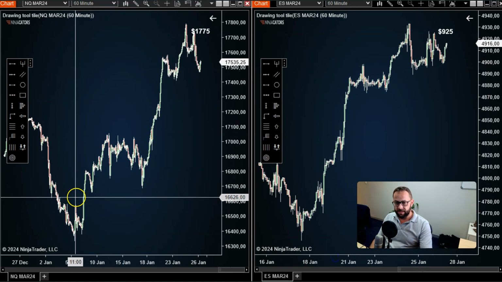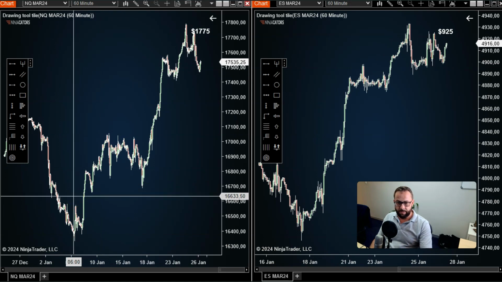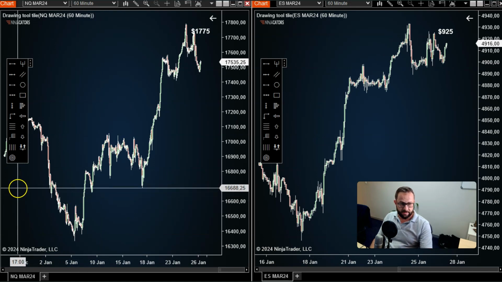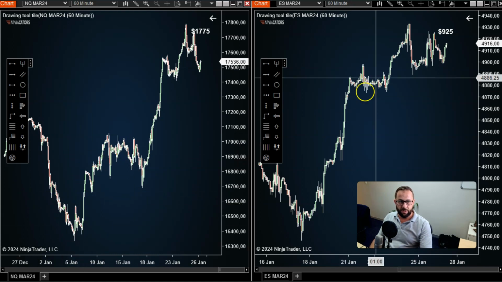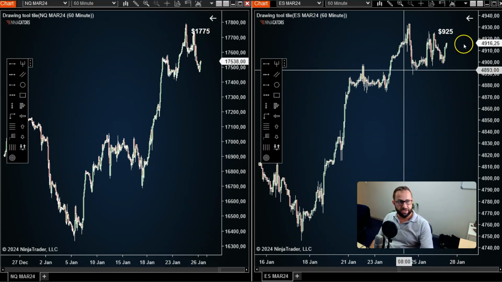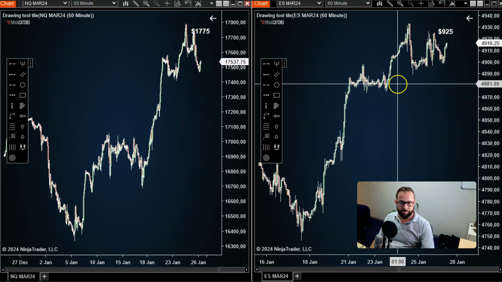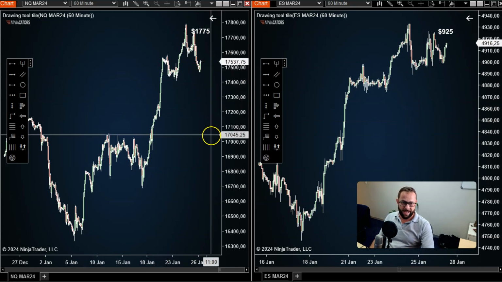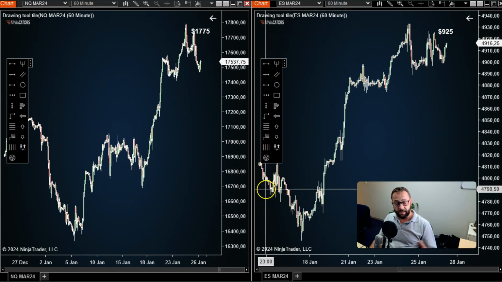You have days where they have exactly the same reversal times. Not always, it's not perfect, but they follow each other in direction 90-95% of the time. There might be instances where the price structure is a little different for a time period, but if the NASDAQ starts tanking down here, then it's likely that the ES would follow as well.